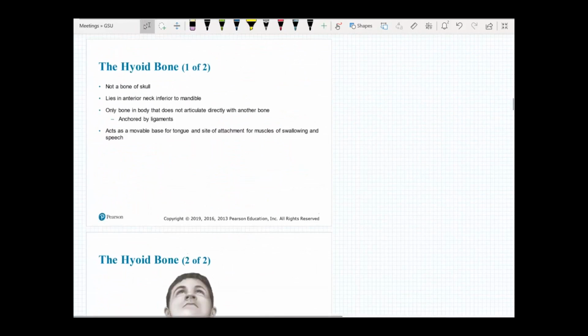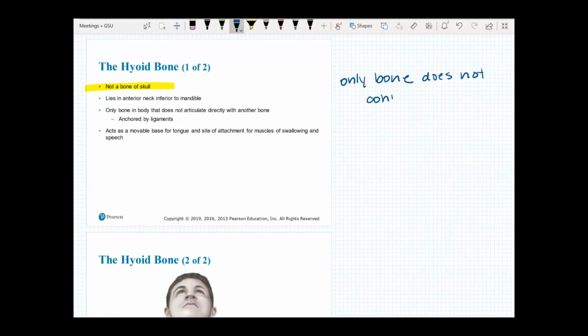The next part, on the midline, is going to be your hyoid. So your hyoid is not a bone of the skull. This is actually a really cool bone because this is going to be the only bone in the entire body that does not connect to another bone.